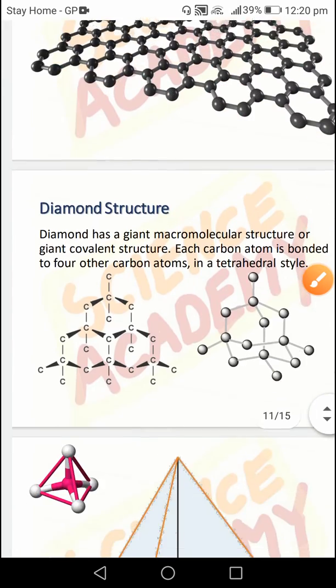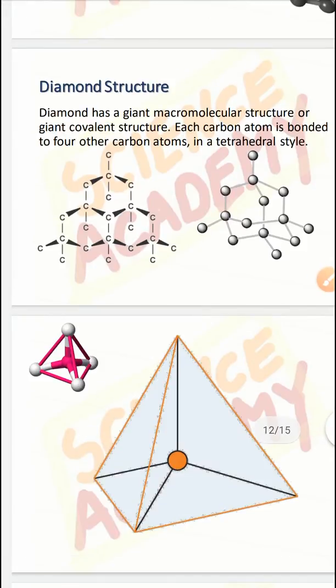Now let's go to the structure of diamond. What happens in diamond? Just remember that a few moments ago I said that in diamond each carbon atom forms 4 bonds.